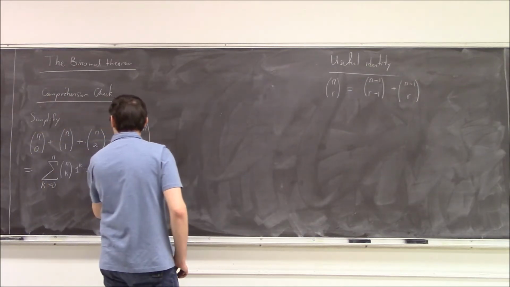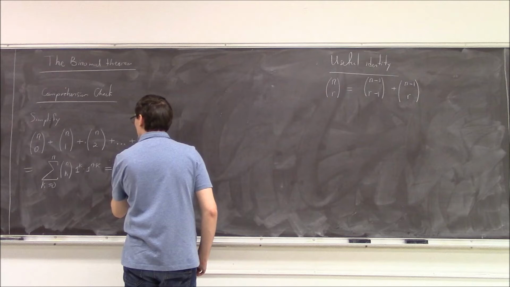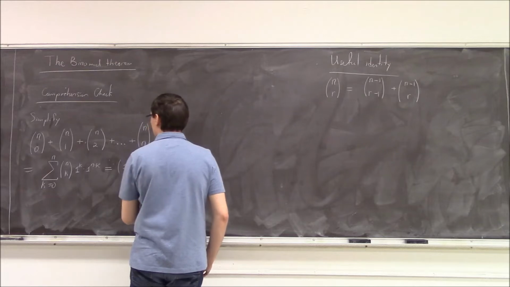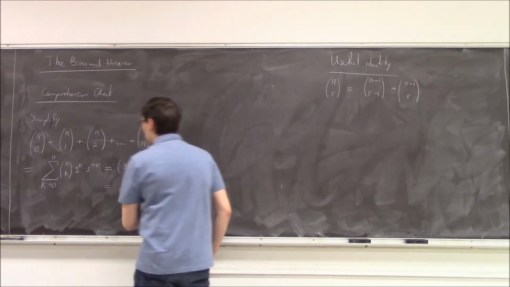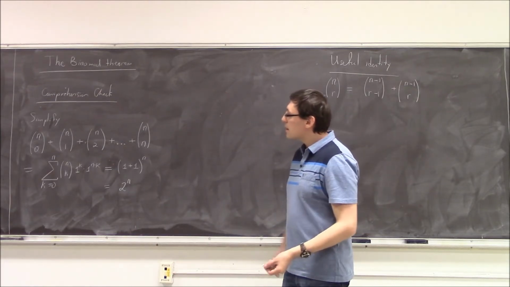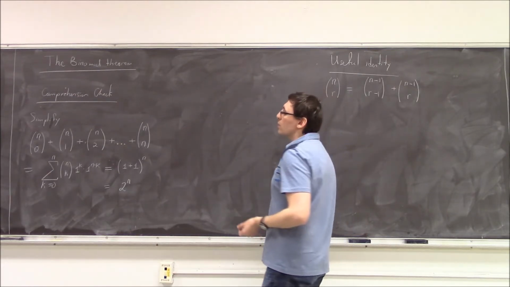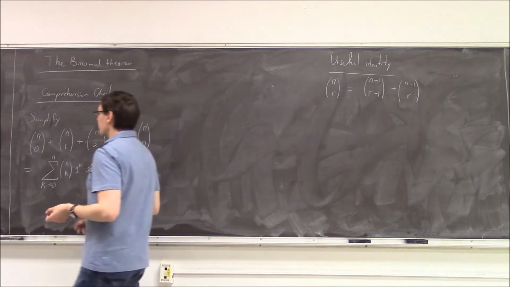So that looks like the expanded form of (1 + 1) raised to the nth power, which is nothing more than 2 to the nth power. Pretty simple, right?